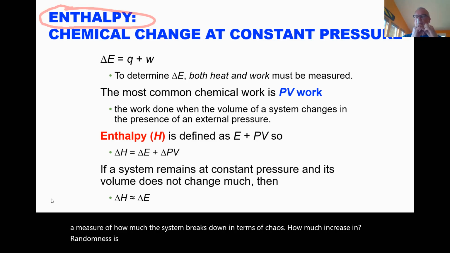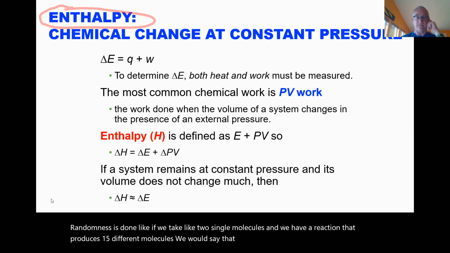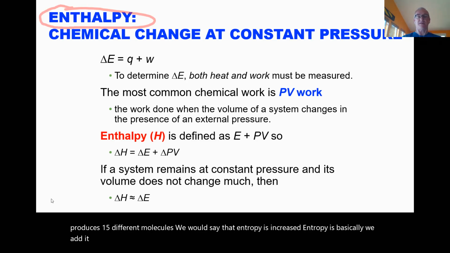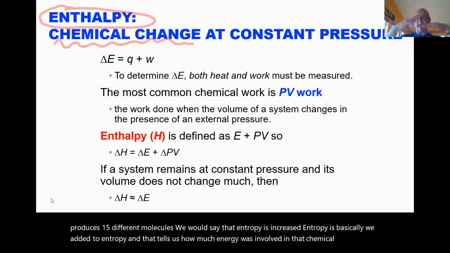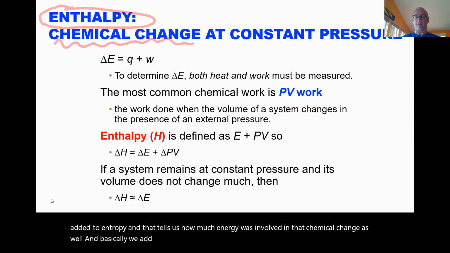Like if we take 2 single molecules and we have a reaction that produces 15 different molecules, we would say that entropy is increased. Enthalpy, we add it to entropy, and that tells us how much energy was involved in that chemical change as well. And basically we add those together and see whether that reaction is going to go forward or whether it is not going to go forward.